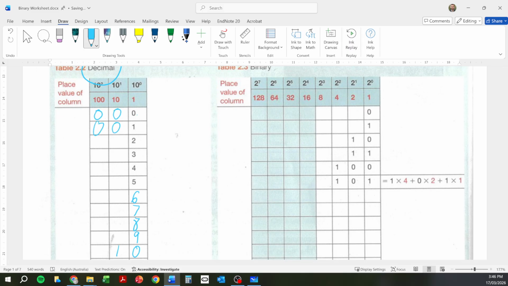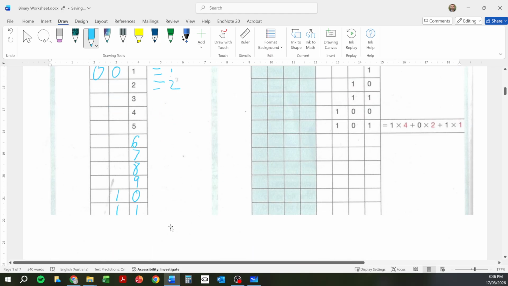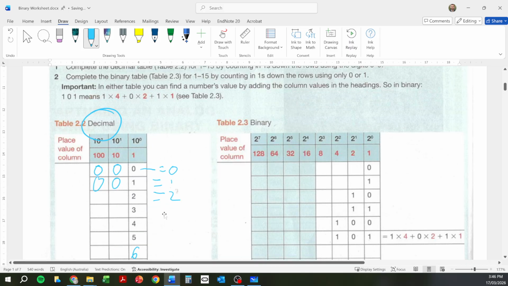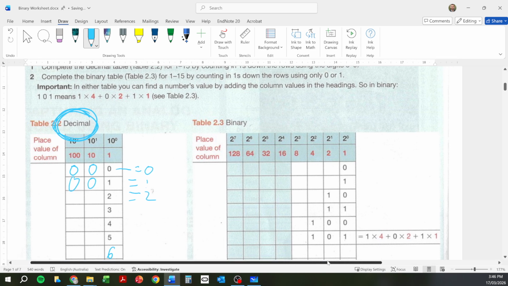So in decimal, 000 equals 0. 001 equals 1. 002 equals 2. And then when we get down here, 011 equals 11. And so on. So that's decimal. That's not computer speak. That's just sort of outlining the difference between that one and when we get over to binary here.